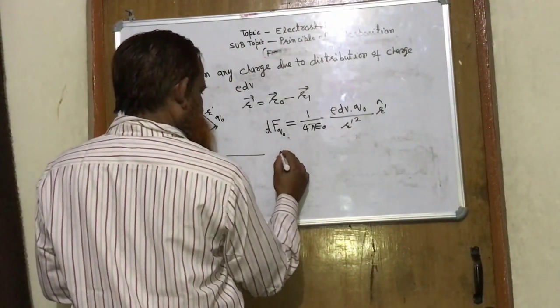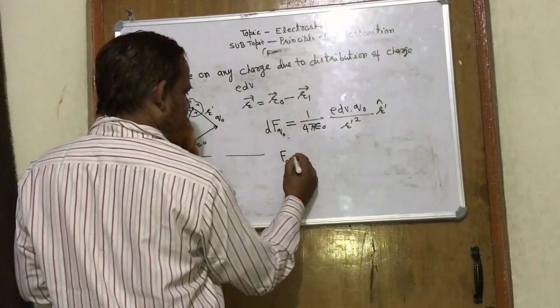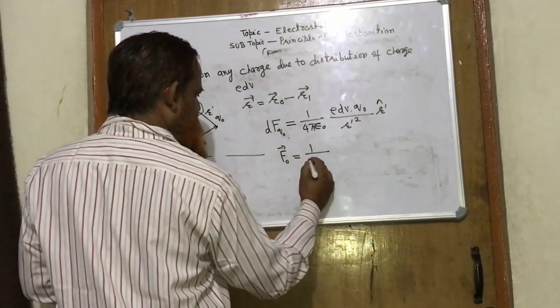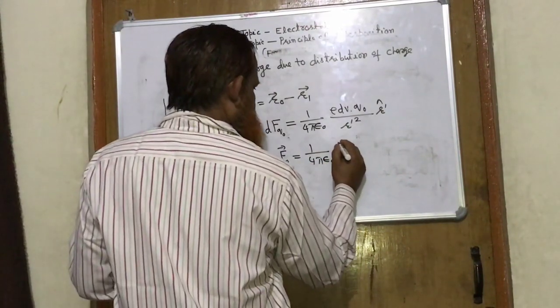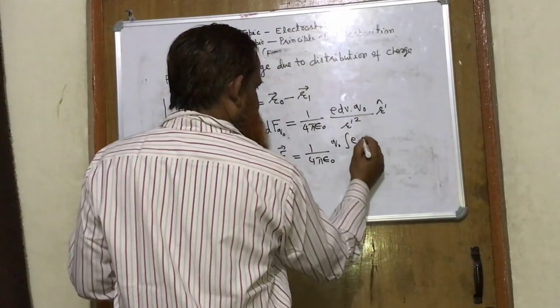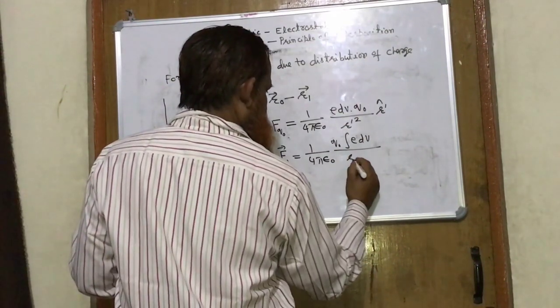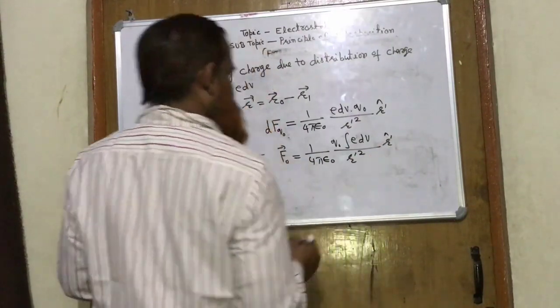So due to the total body, F naught will be 1 upon 4 pi epsilon naught Q naught integral rho dV upon r dash square r dash cap.